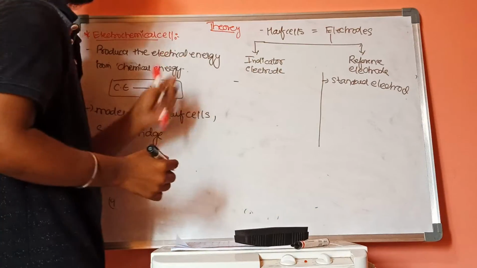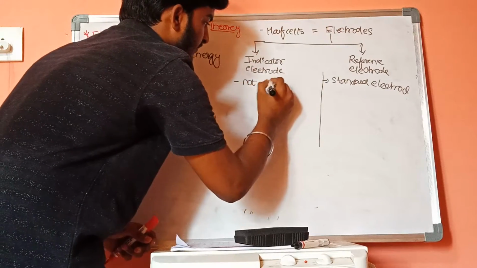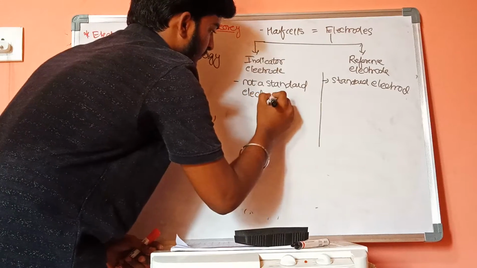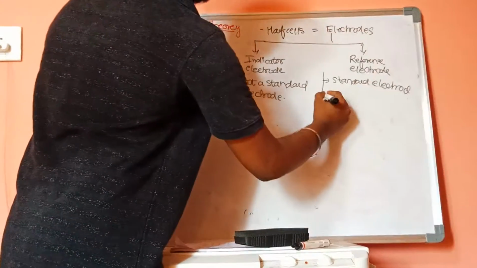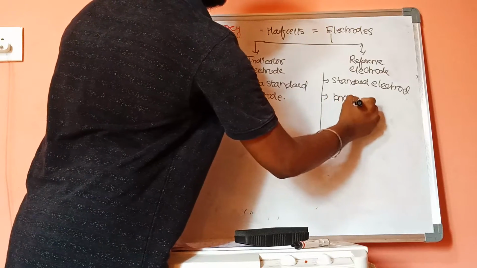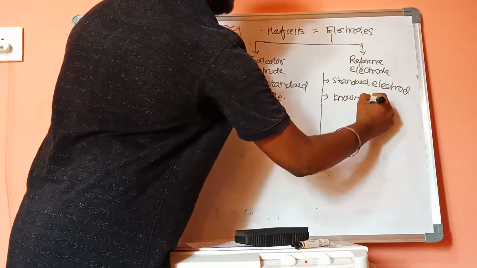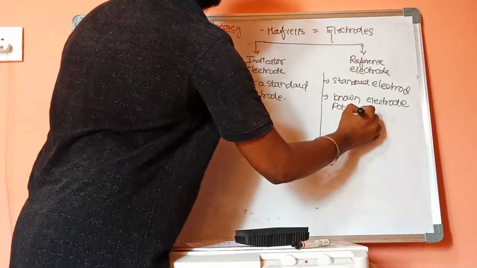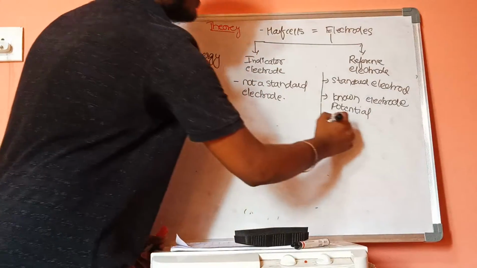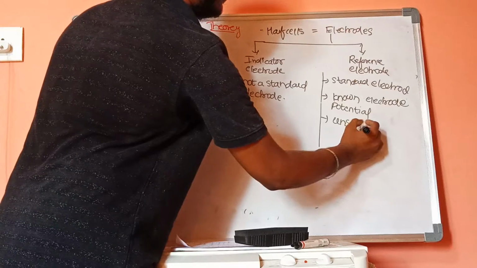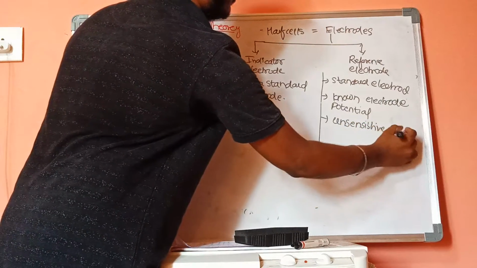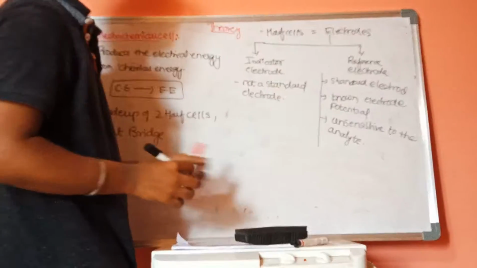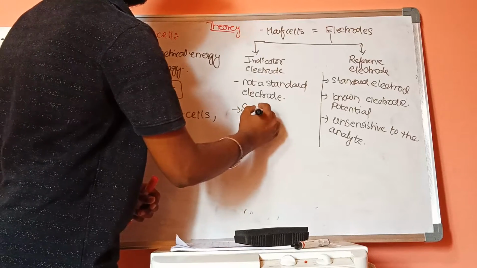It contains a known electrode potential, and it is insensitive to the analyte. Whereas the indicator electrode is not a standard electrode, and it is sensitive to the analyte.